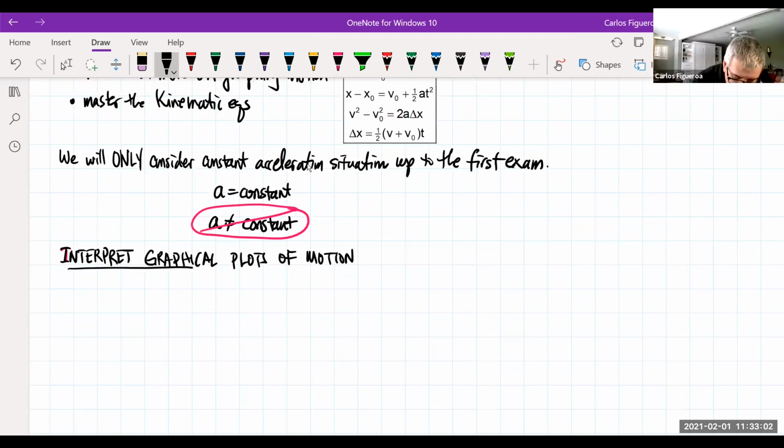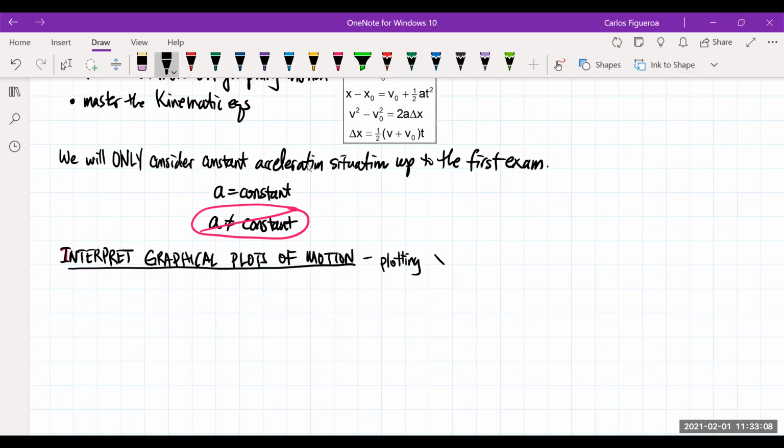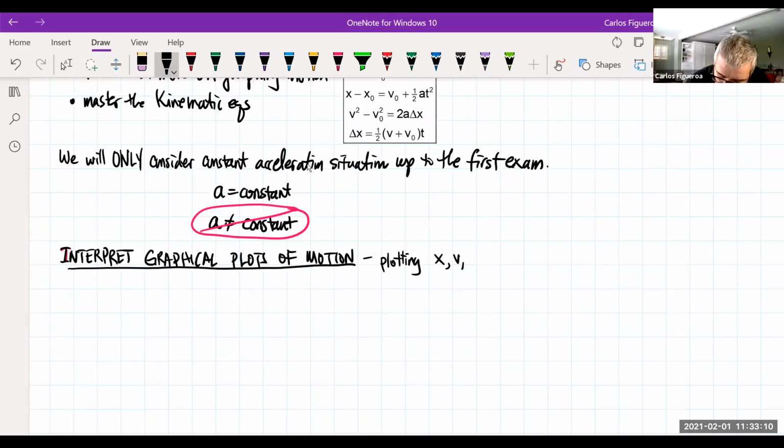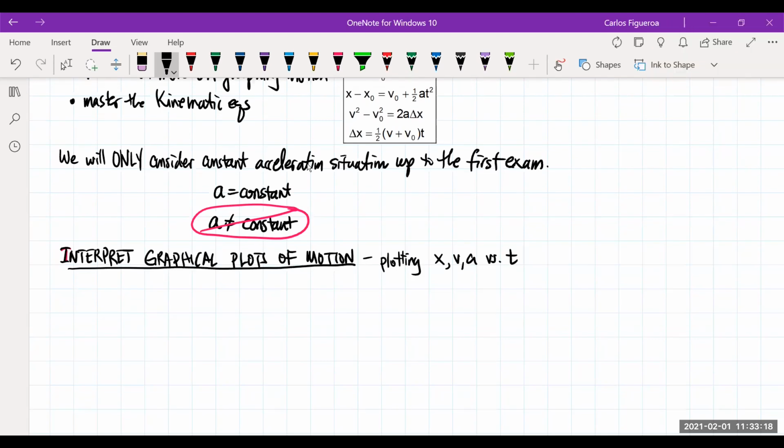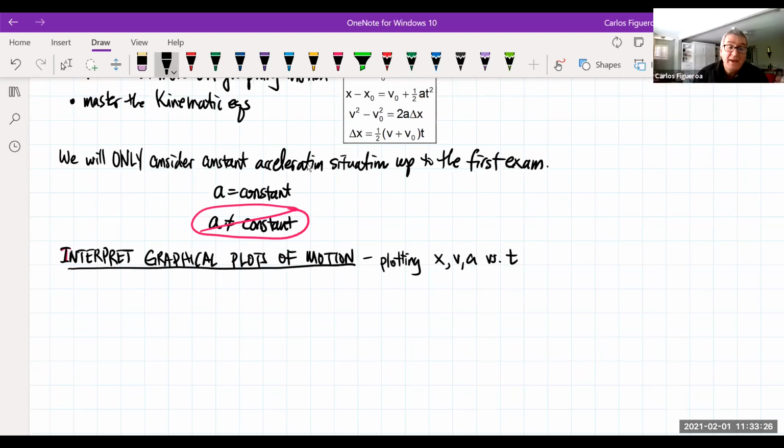And when I say that, what I'm really talking about is plotting position, velocity, and acceleration versus time, all simultaneously. It is so important.